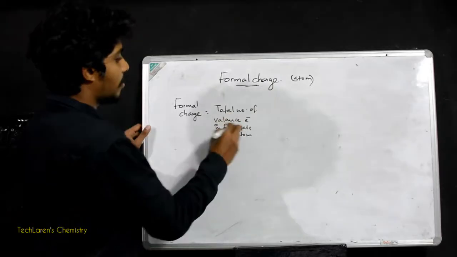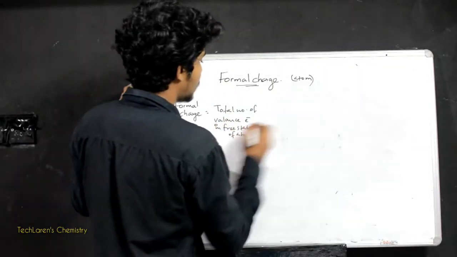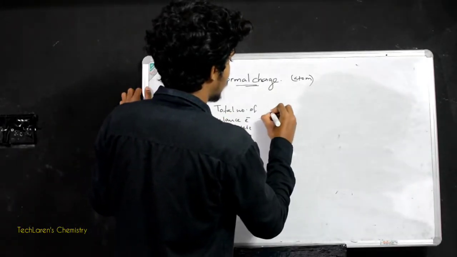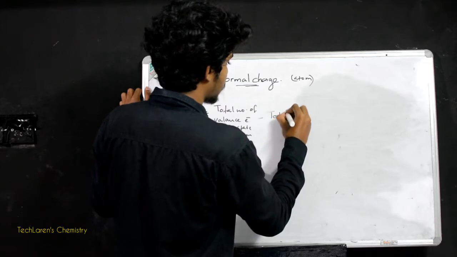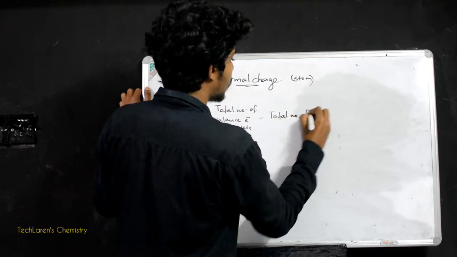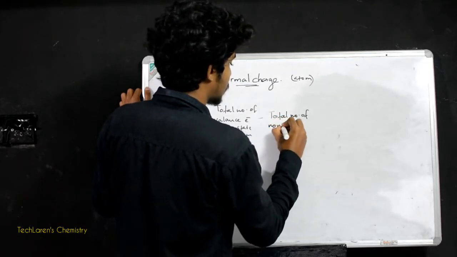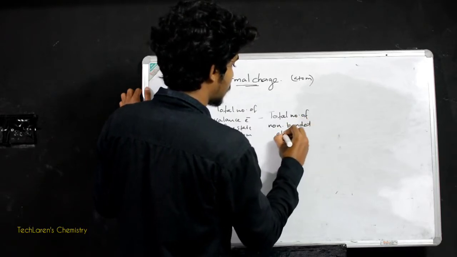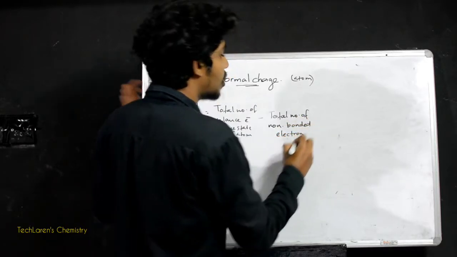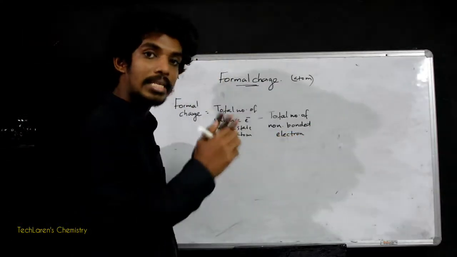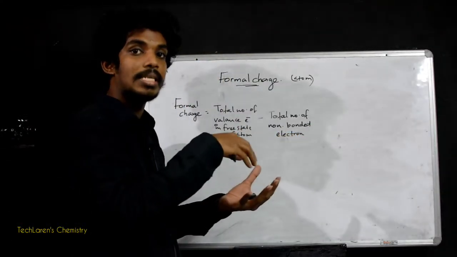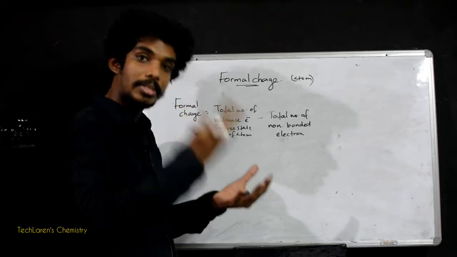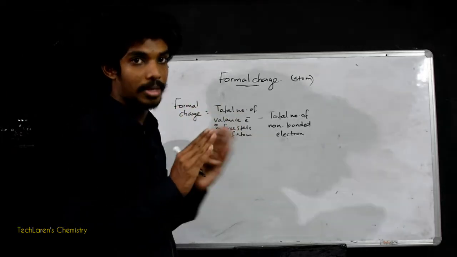Okay, the total number of valence electrons in the free state of the atom minus the total number of non-bonded electrons. Non-bonded electrons mean these electrons in the valence shell of the atom do not take part in any bond formation.